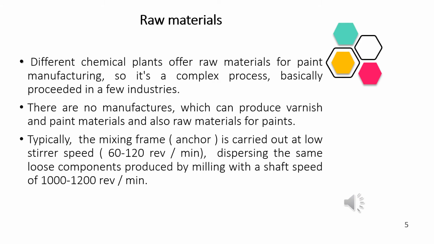Raw materials. How are the raw materials for paints manufactured? Different chemical plants offer raw materials for paint manufacturing, so it's a complex process, basically processed in few industries.